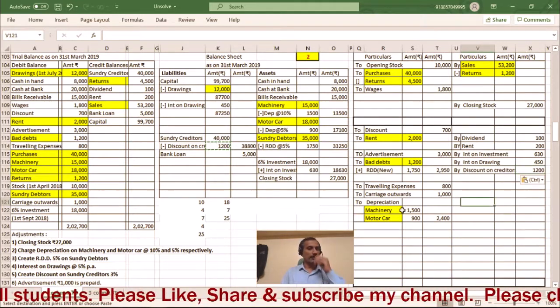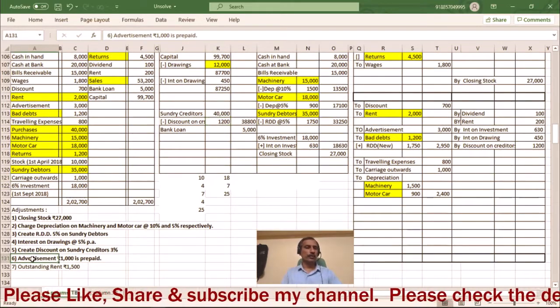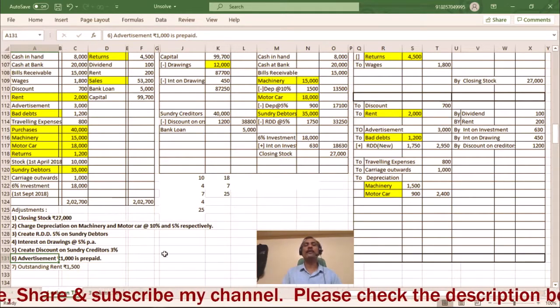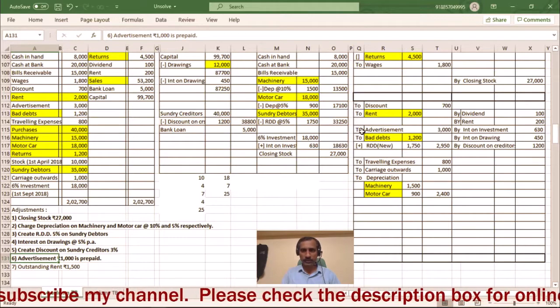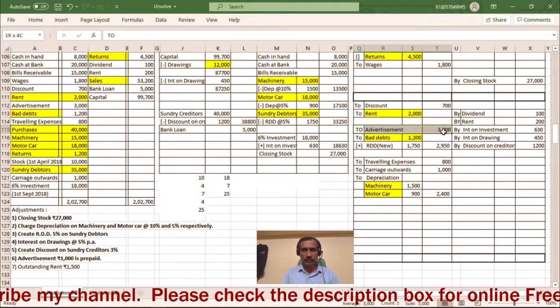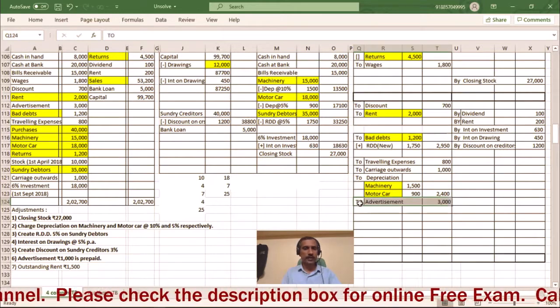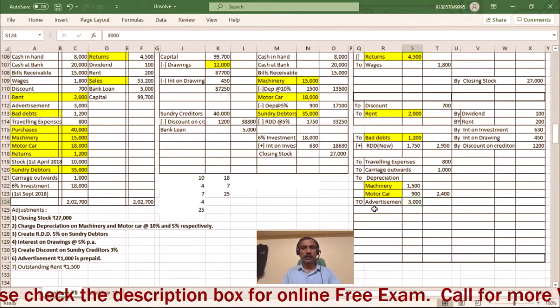After that, advertisement. Here the advertisement is prepaid, so we have to reduce it from advertisement. Sorry for the mistake. Advertisement also we have to show in the inner column because there is an adjustment.